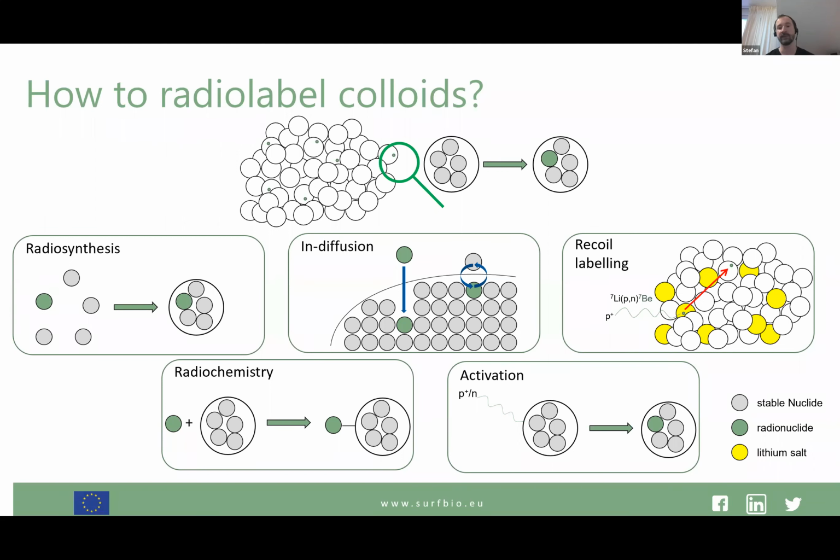Also here, you have to check, of course, do you change the particle properties if they undergo this experimental procedure. Often it's not so much the radiation that will change your particle properties, but the heat that is generated during this activation.